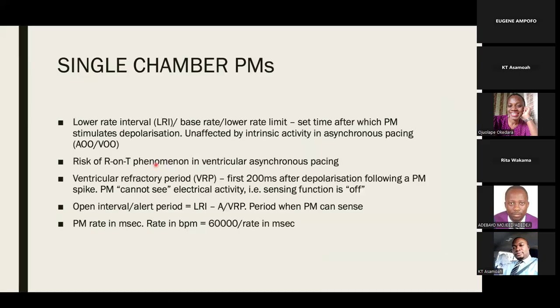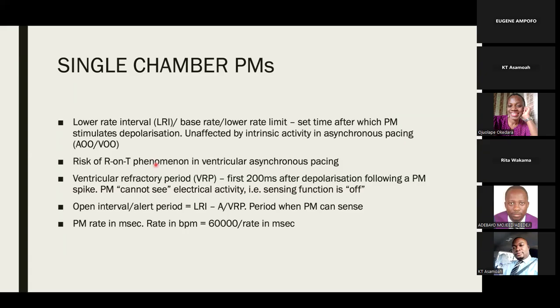So the first interval I'll look at is the lower rate interval, or the lower rate limit, or the base rate. Now, this is the minimum time that you set for the pacemaker to fire an impulse, and it is given in milliseconds. So to determine the rates, that's to convert it into beats per minute, it is 60,000 divided by the time you want in milliseconds.